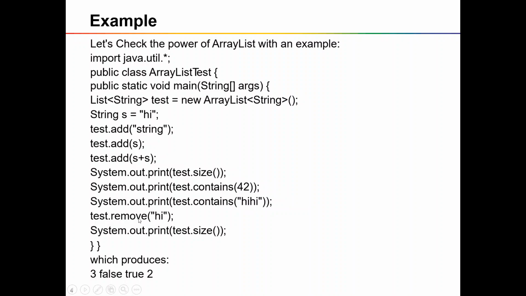For removing an element from the ArrayList, you can go with the remove method. The remove of hi method will simply remove the element, and it shrinks your array, so the size of your array also gets reduced. The initial size of the ArrayList is 3. Now after removing, the size of the ArrayList is 2.